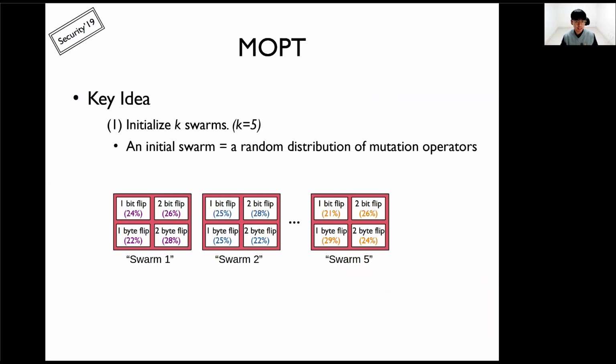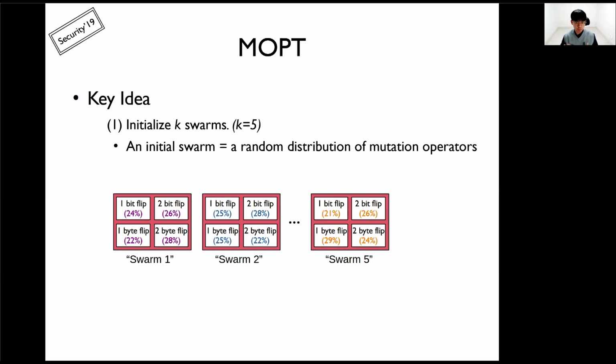The first step is to initialize multiple swarms. At the implementation level, MOPT heuristically determines the number of swarms as 5. At the initial stage of the learning phase, as there is no prior or accumulated learning data, the probability distribution of each swarm is initialized as a randomly generated distribution like in these figures.